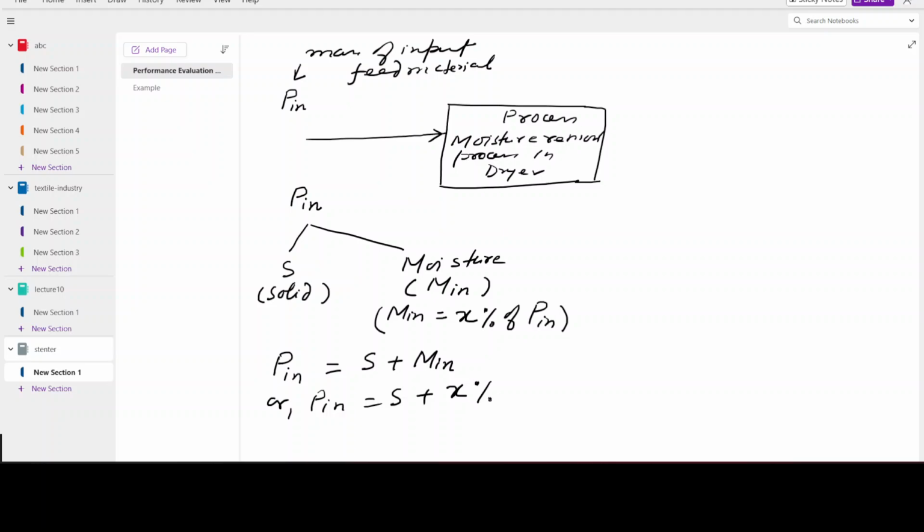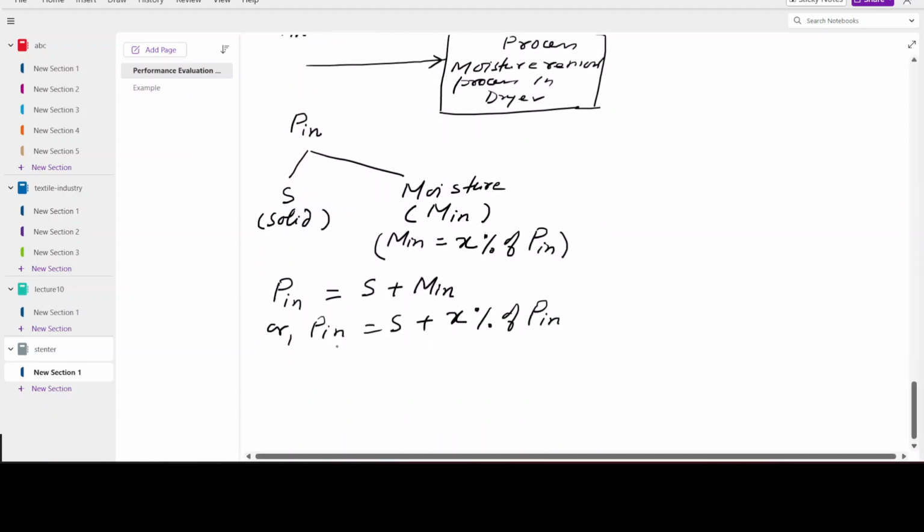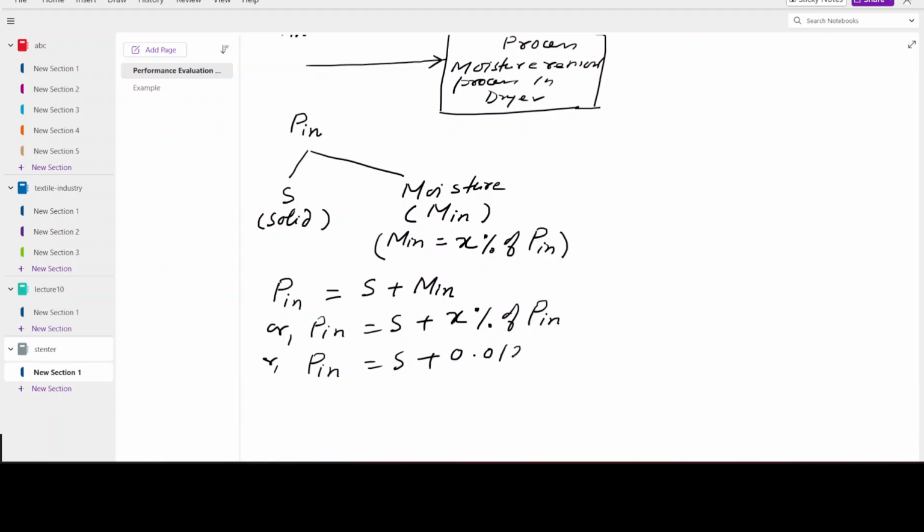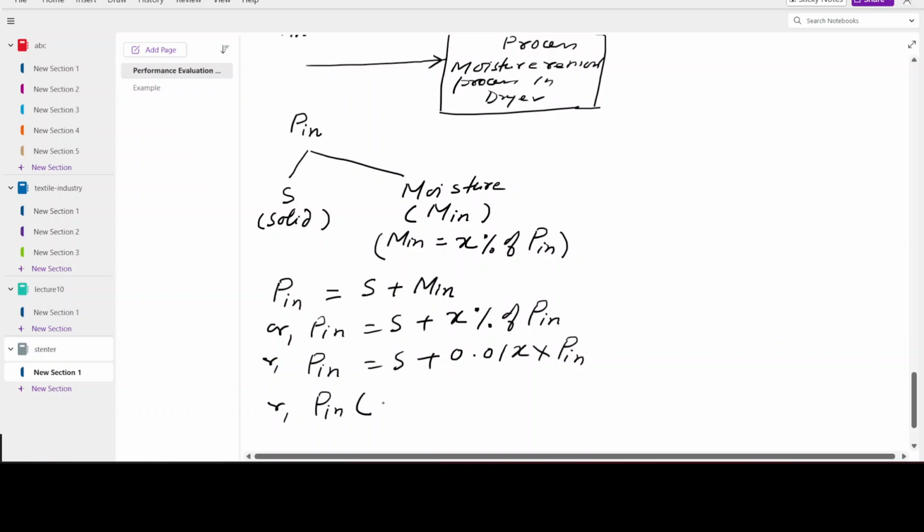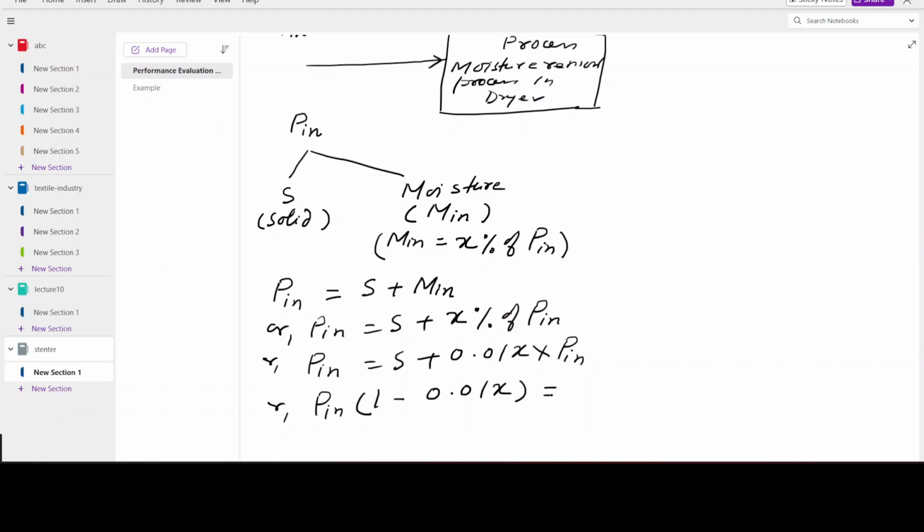We are calling it X% of P in, so P in is equal to S plus 0.01 X into P in. Rearranging, taking P in common, P in (1 minus 0.01 X) is equal to S.